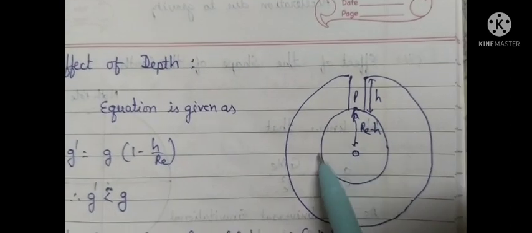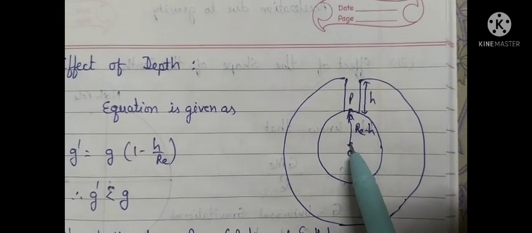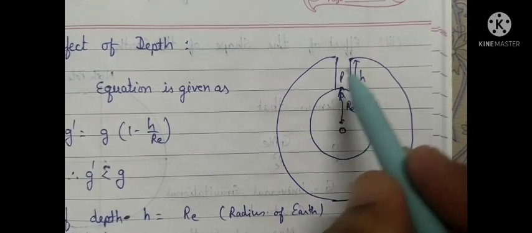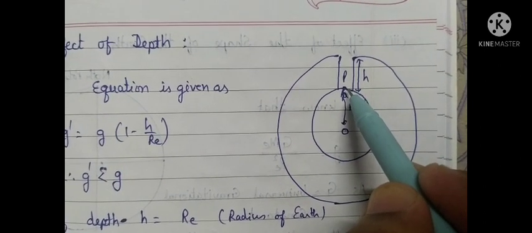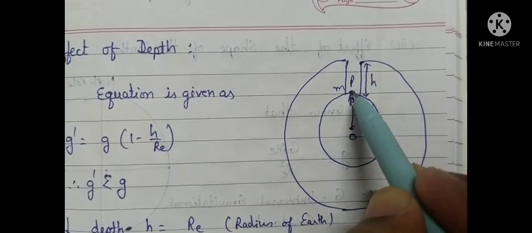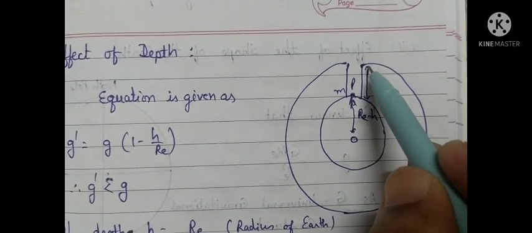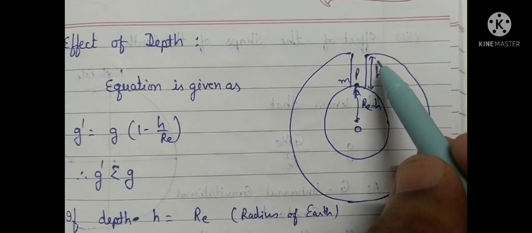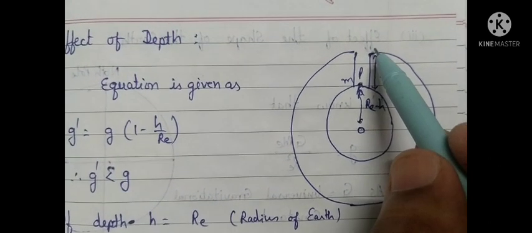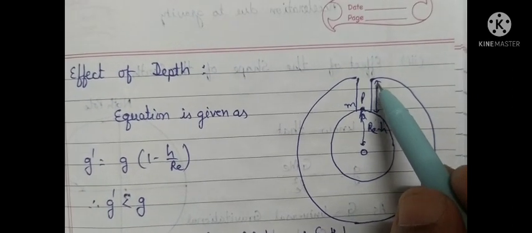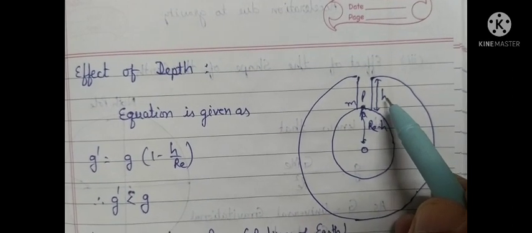Here this is the earth, this is the center of the earth, let it be O. Re is the radius, and now I have kept a body of mass m at point P, which is placed at a height h from the surface of earth inside the earth, means at a depth of h.